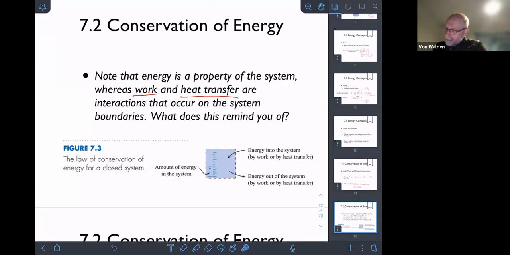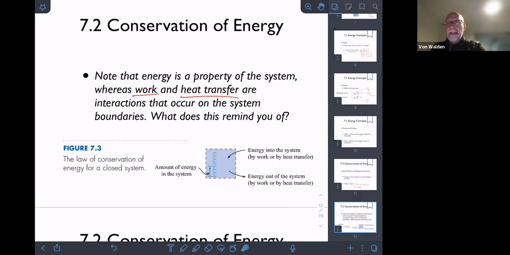You're going to have an amount of energy in that system at any given time, and you're going to have the ability to have energy enter the system either by doing work on it, say by a pump, or by transferring heat into it. Whereas you can extract energy out of the system by allowing it to do work for you, like moving a turbine, or by also having heat transfer.